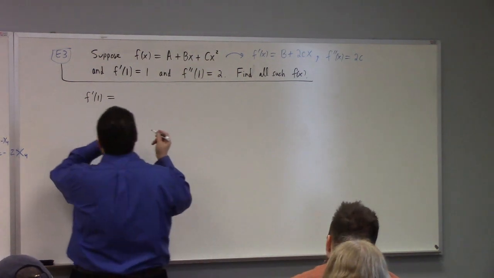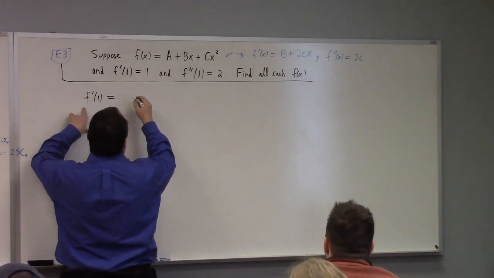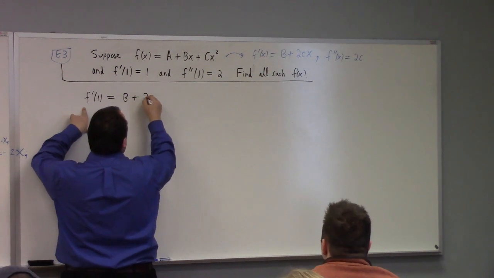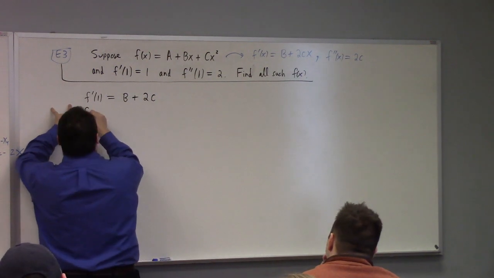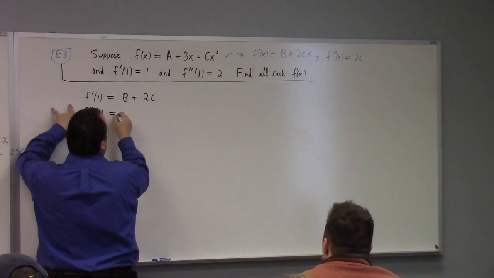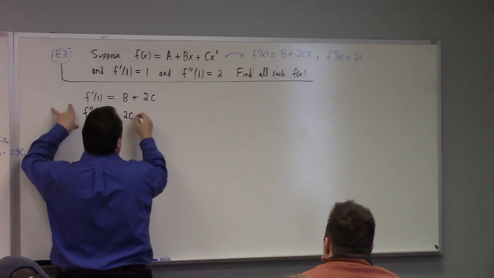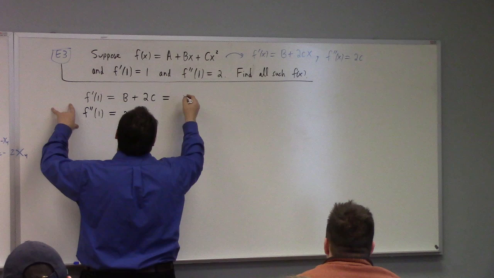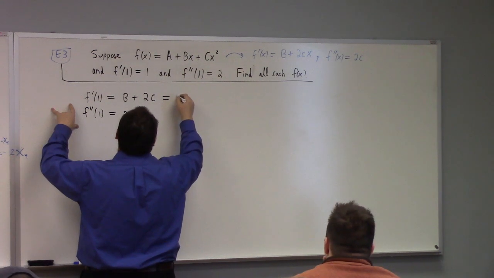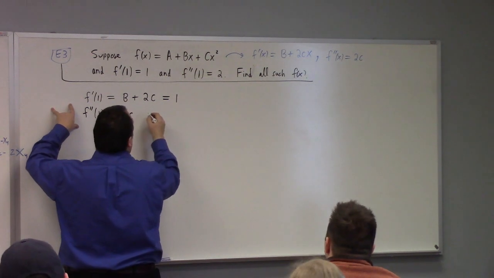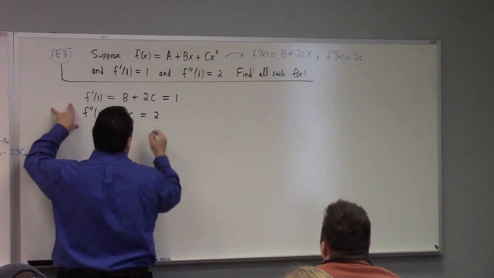All right, so great. f prime of 1 is b plus 2c, and f prime prime of 1 is 2c. This is given to be equal to 1, and this is given to be equal to 2.